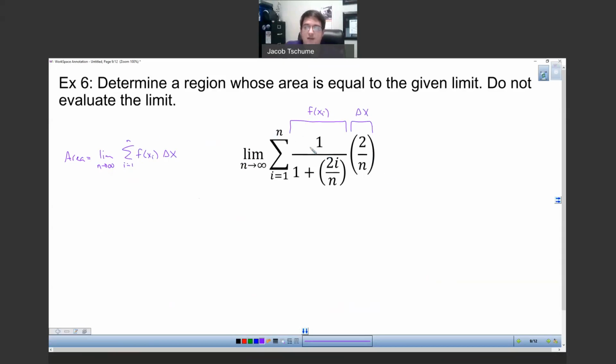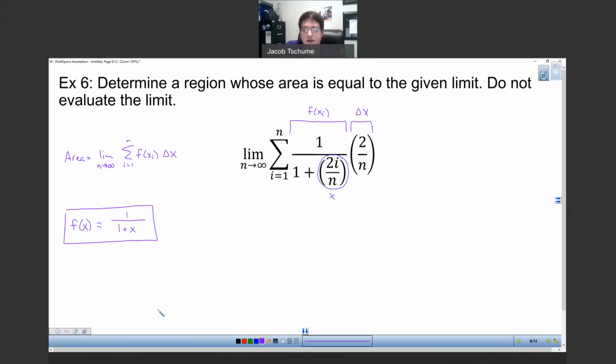From this, you have to calculate your a value, your b value for the interval, and what the original function is. Honestly, I think the easiest thing to find first is your function, because all you have to do is take the f of x sub i, and whatever the term is that has the ugly i term, that's really just an x that you're substituting in. So I know that my original function is just 1 over 1 plus x.